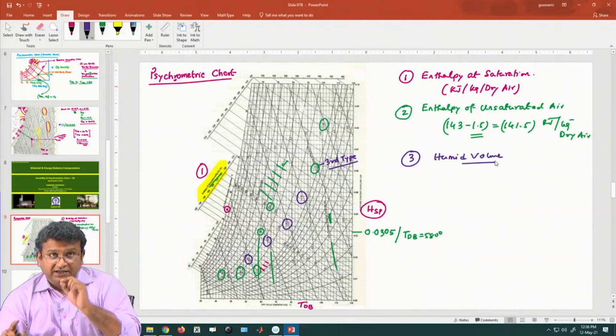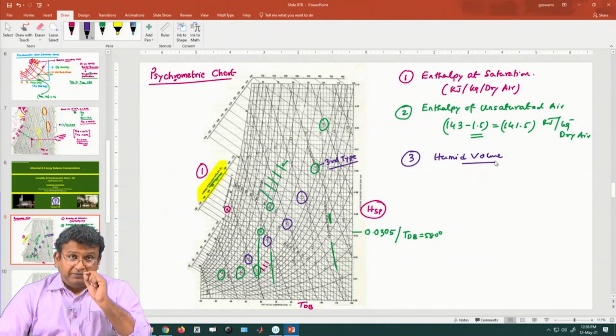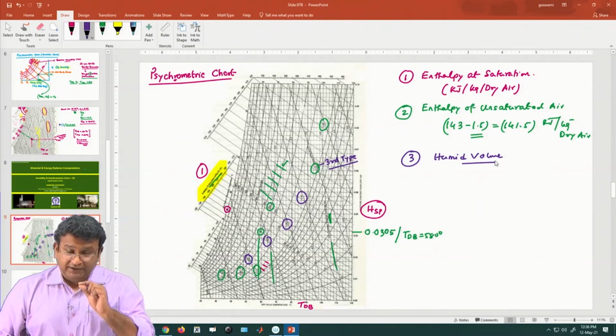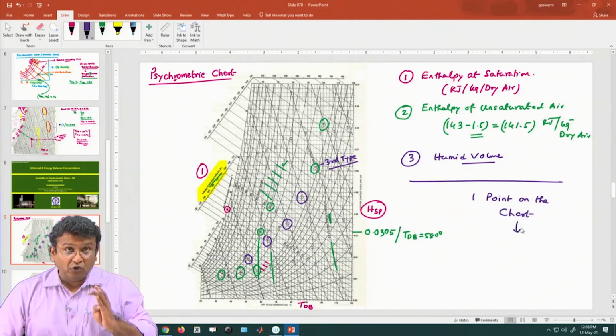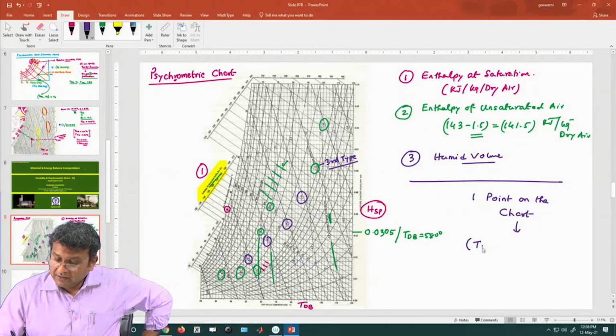So, if you can point, you can identify one point on the chart, and from there you can get 4 different entities. So, firstly wet bulb, dry bulb, relative humidity, specific humidity, these 4 obviously.